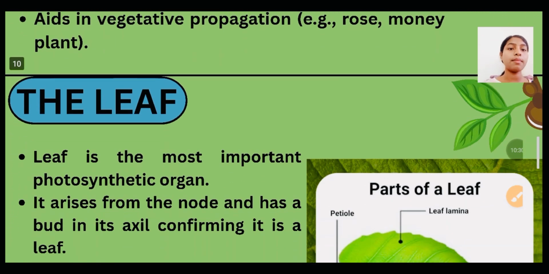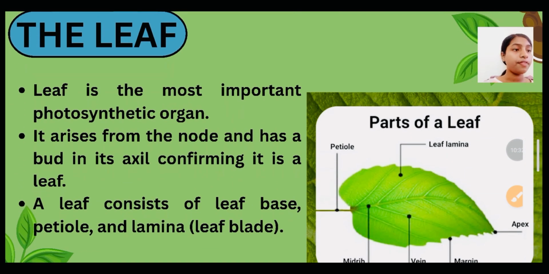Next we will discuss the leaf. The leaf is the most important photosynthetic organ. It arises from the nodes and has a bud in the axil, confirming it is a leaf. A leaf consists of leaf base, petiole and lamina, the leaf blade.